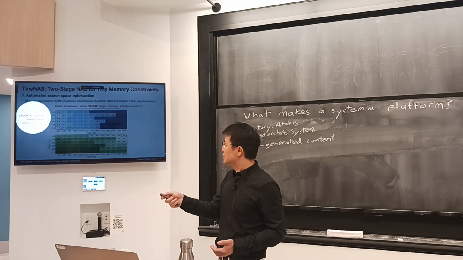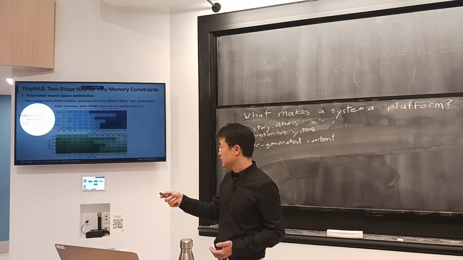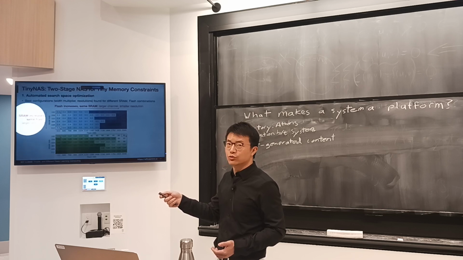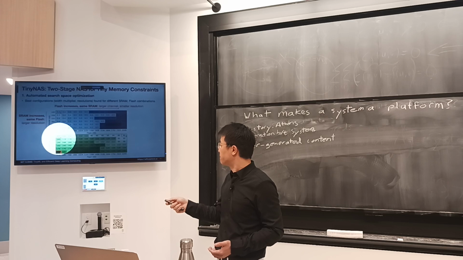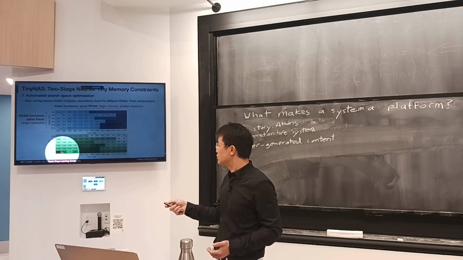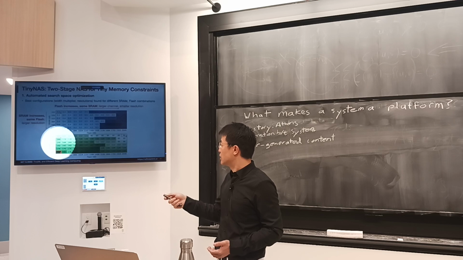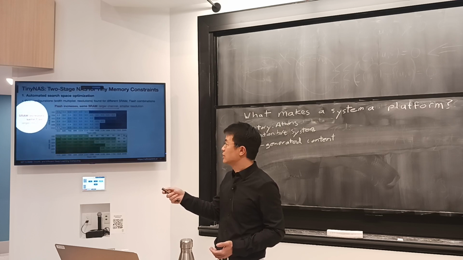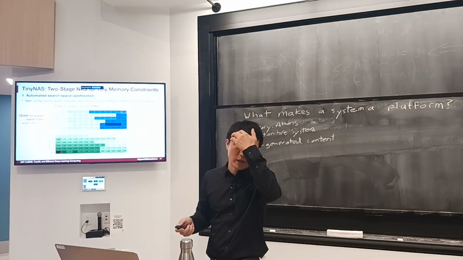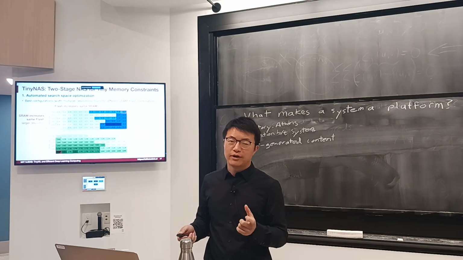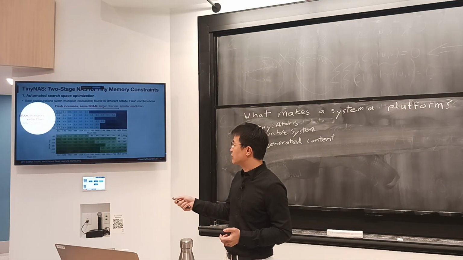What about when SRAM increases but the flash stays the same? SRAM stores your activations, but the flash stays the same. So here, the resolution actually increased because you can hold more activations. But the flash stays the same, which means the weights stay the same, since the flash stores the weights.